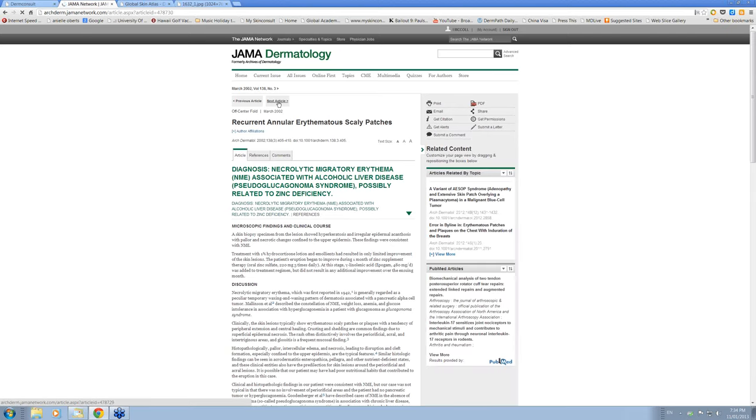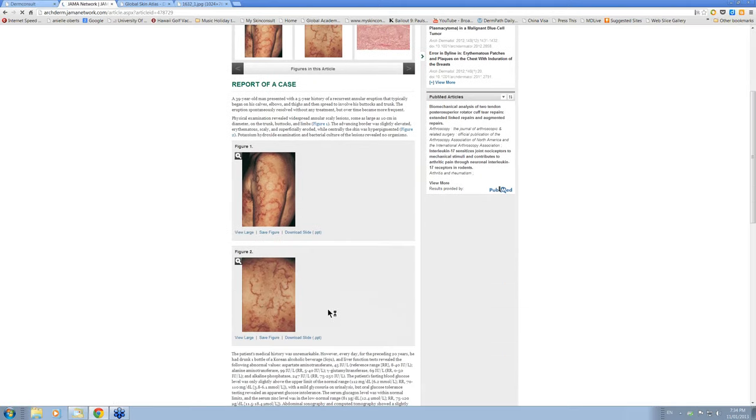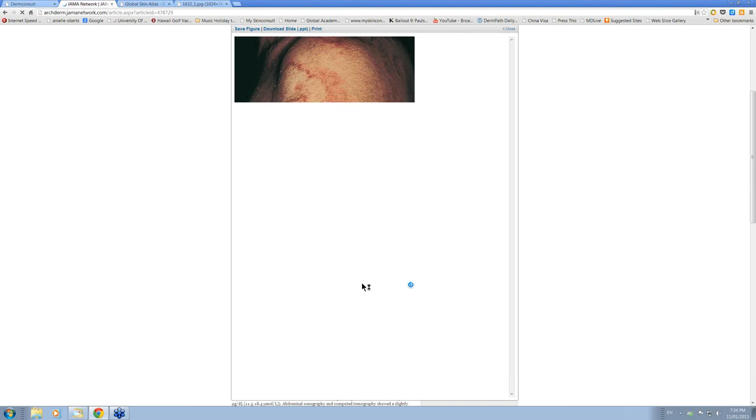That's the discussion aspect of it in this patient, because this patient had alcoholic liver disease, and they said this was pseudoglucagonoma syndrome, possibly related to zinc deficiency. Let's see these pictures. There we go. Let's just look at these larger images. Sorry, they're taking a little bit to load here.